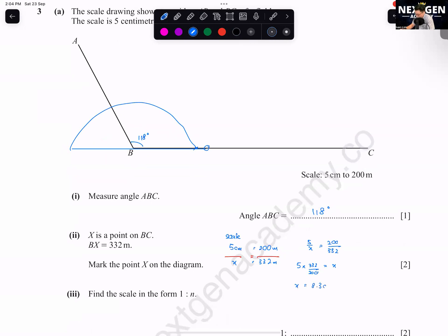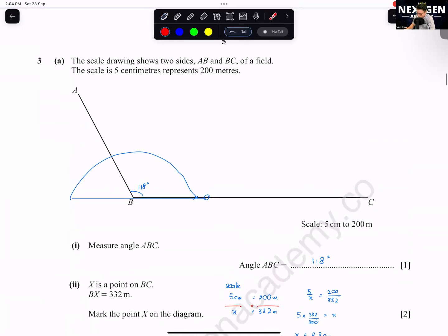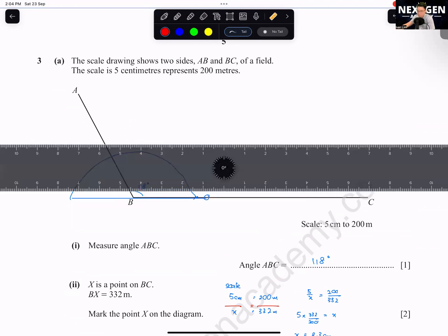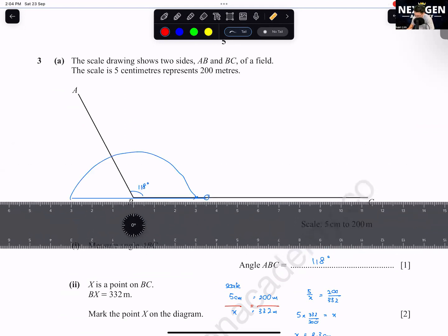Calculate this first, you'll get 8.3 cm. Now, what you're going to do, you take your ruler, measure 8.3 cm. Yeah, I'm just estimating over here. So 8.3 cm. Okay, if I were to draw it out using this ruler.